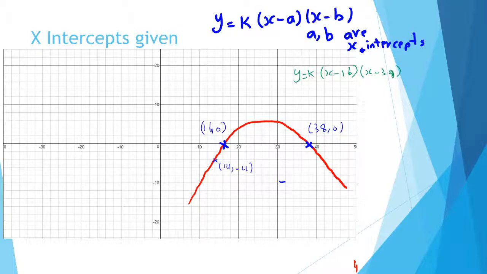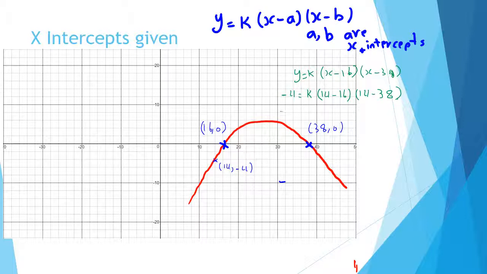So instead of y, we write negative 4 equals k, open bracket, instead of x it's 14 minus 16, and 14 minus 38, close bracket.